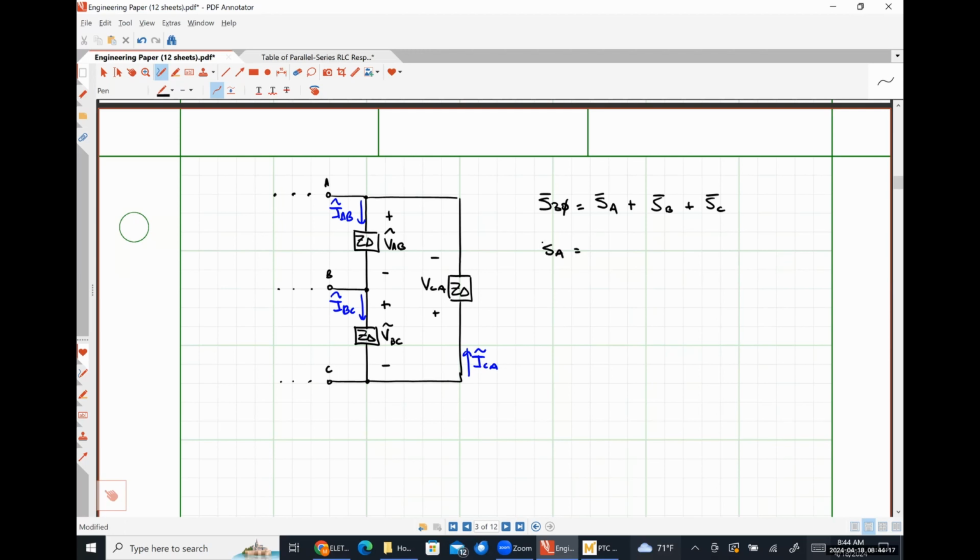Here, SA is just VAB times IAB conjugate, or the magnitude of VAB times the magnitude of IAB with an angle of theta VAB minus theta IAB.